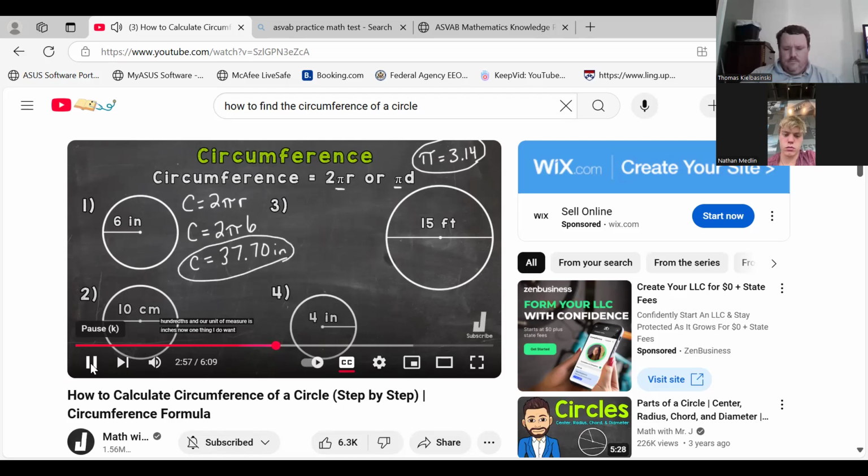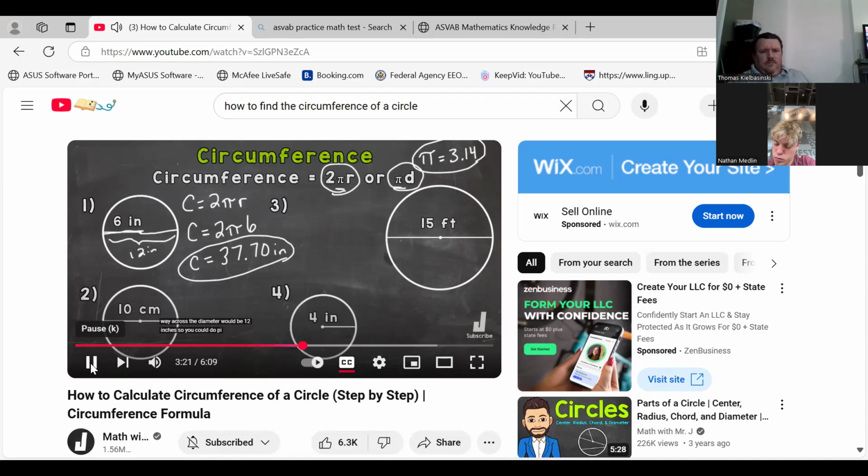Now, one thing I do want to mention, you can use either of these formulas, 2 pi r or pi d, for any problem. Because if you're given a radius, you can find the diameter. You just double the radius, right? It's 6 inches halfway across this circle, so all the way across, the diameter would be 12 inches.